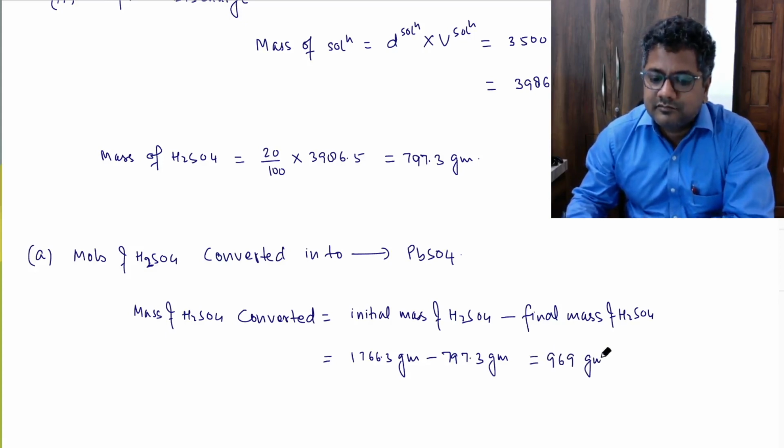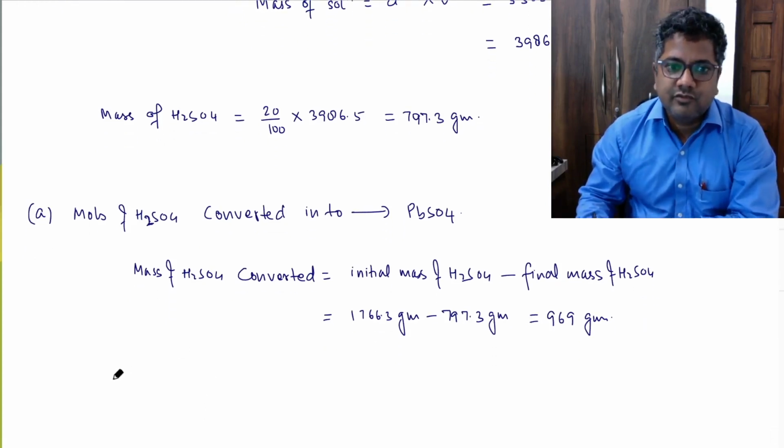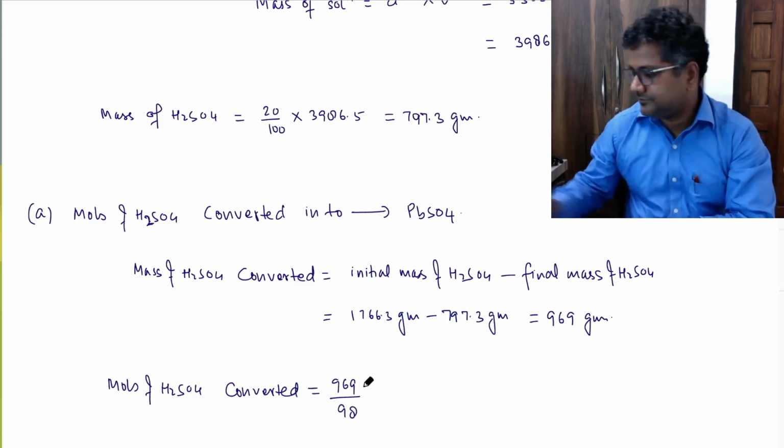gram, right? So moles of H2SO4 converted is equal to 969 by 98.